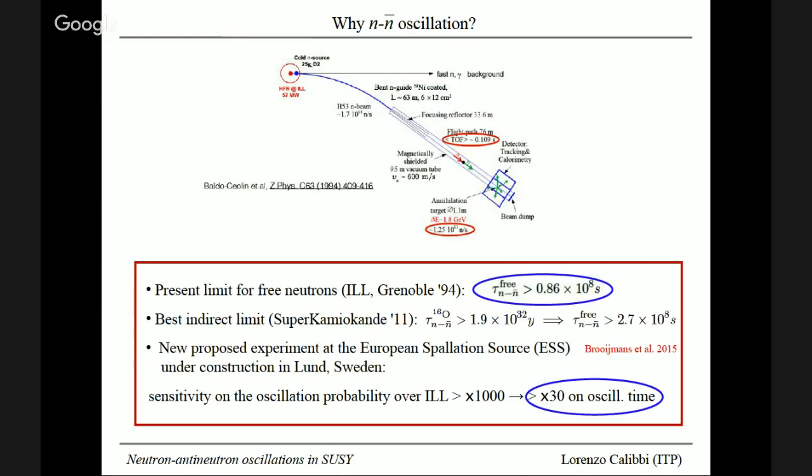So they can set a constraint on the oscillation of neutrons bound within the oxygen nucleus.